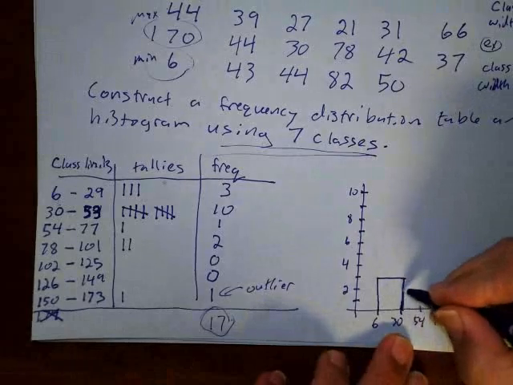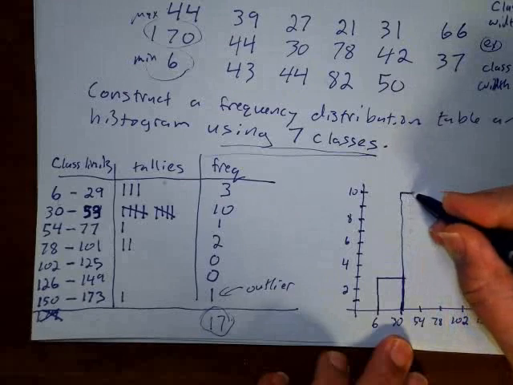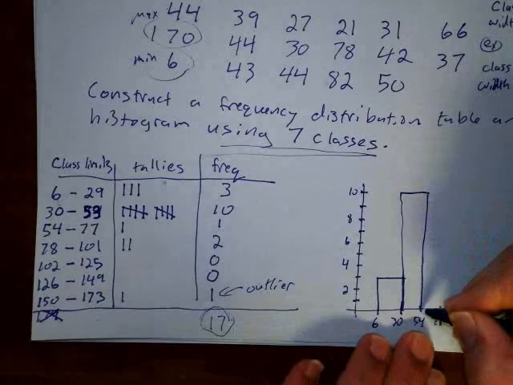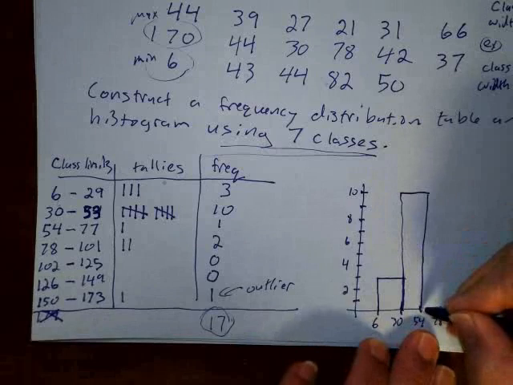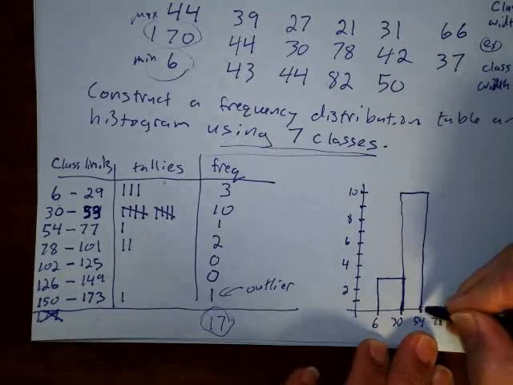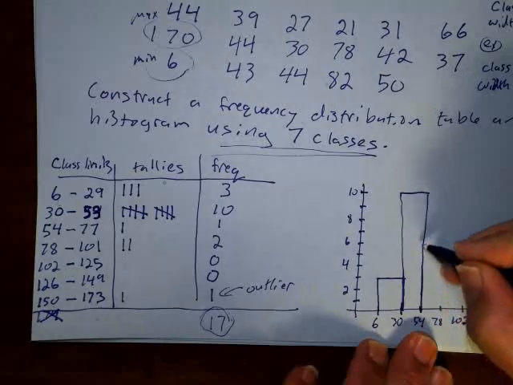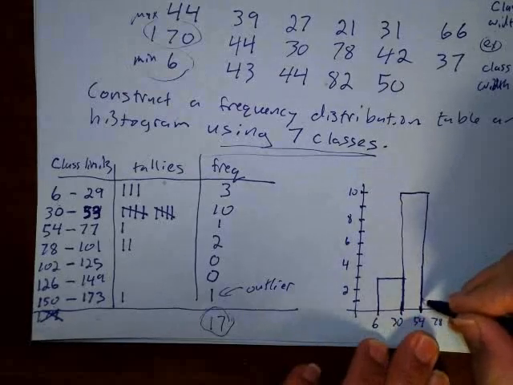And then the next one starts at 30, and that one goes up to 10, and that'll go all the way to 54, but it really goes up to 53, and you're fudging a little bit, and so then this would be 54 to 77. So 54 to 77, that would have 1 observation in there.